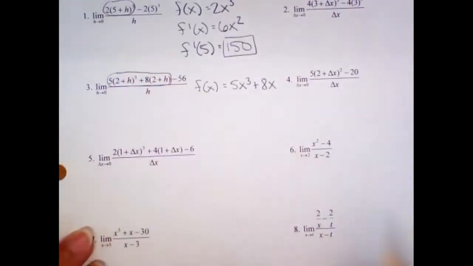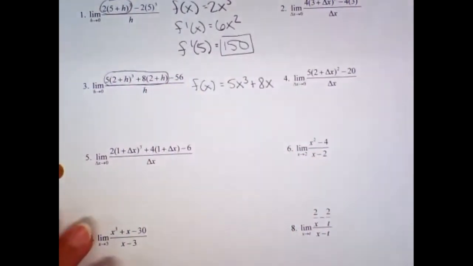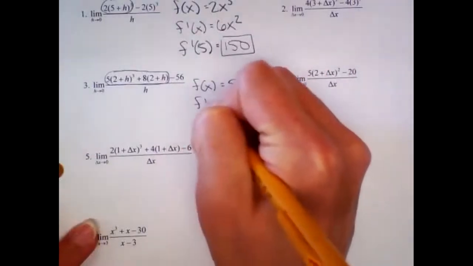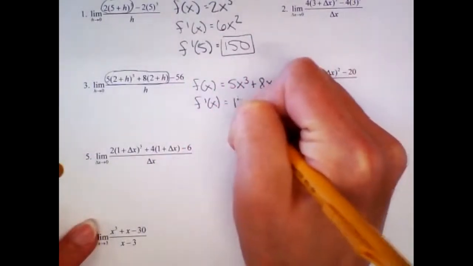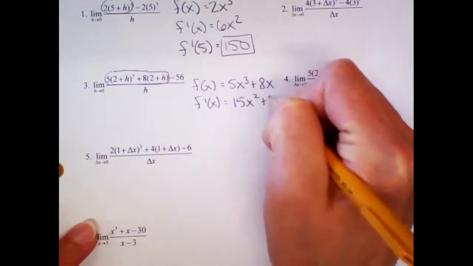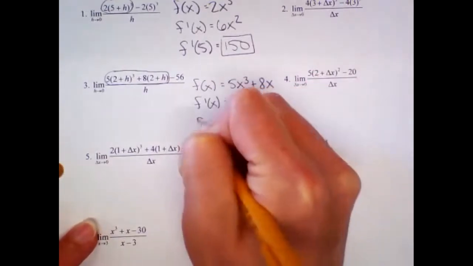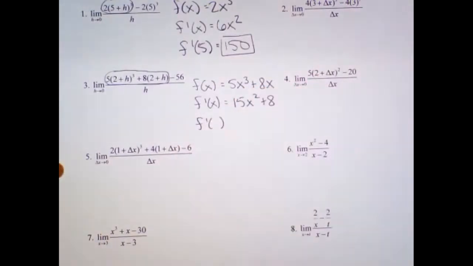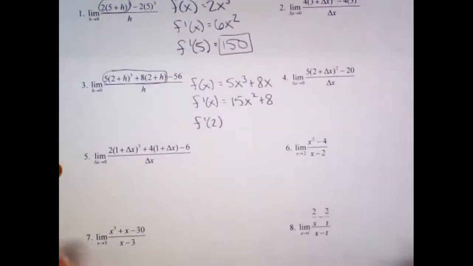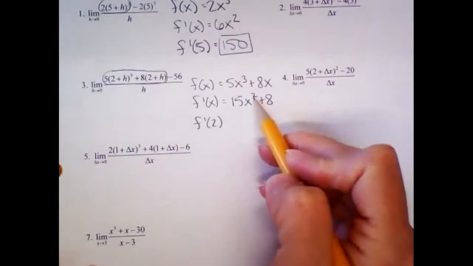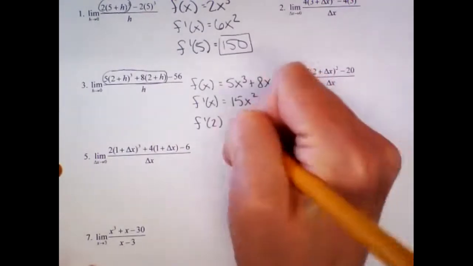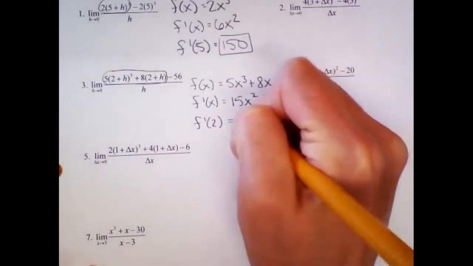So the function is 5x cubed plus 8x. Then do the derivative, which would be 15x squared plus 8. And then what value are we trying to plug in? 2, good, not 0, it's 2. So 2 squared is 4, times 15 would be 60, plus 8 would be 68.